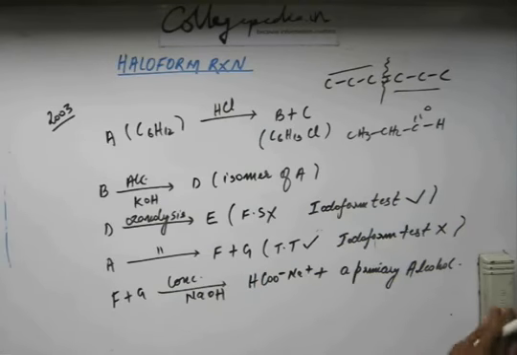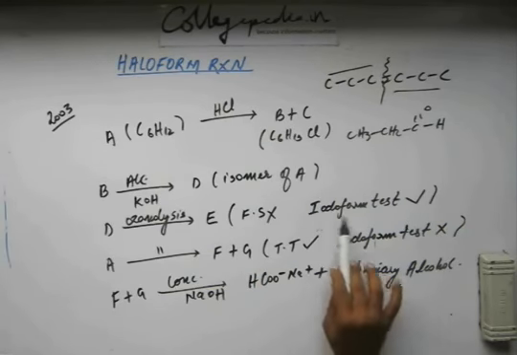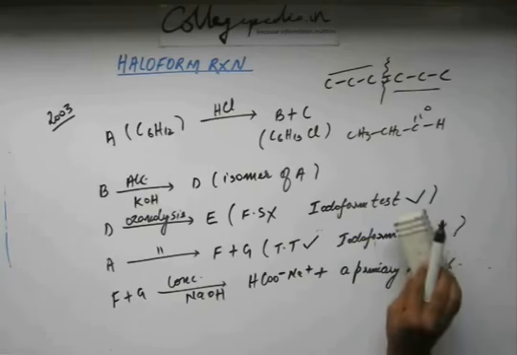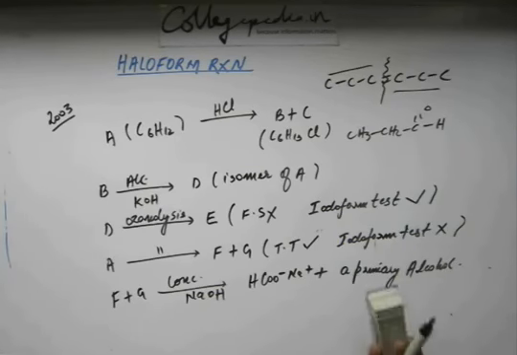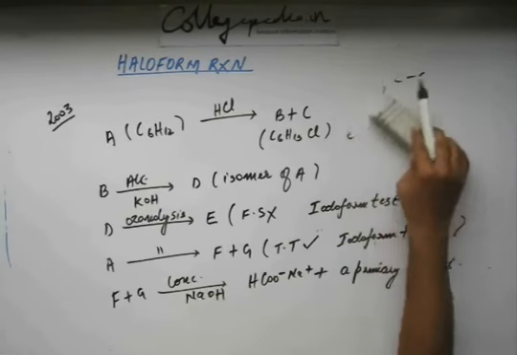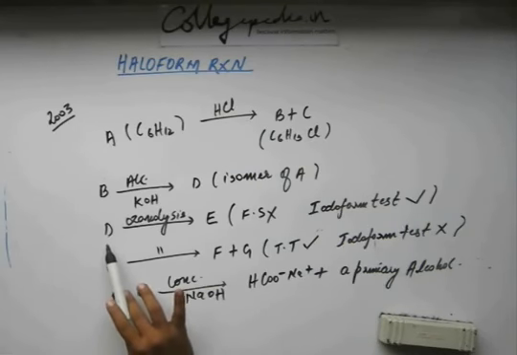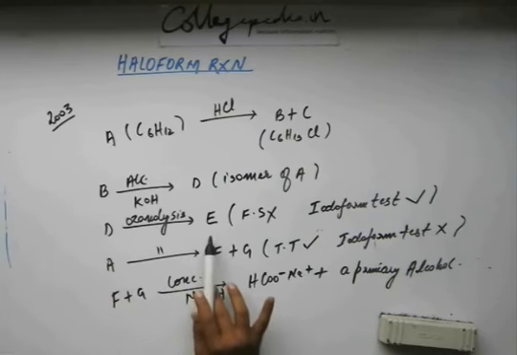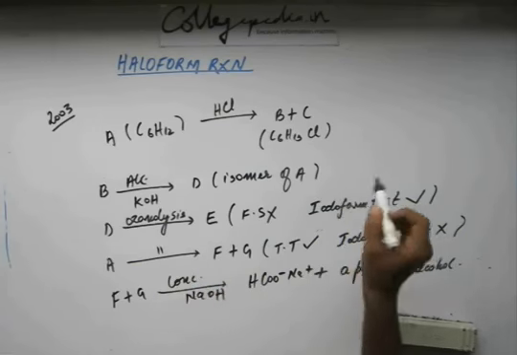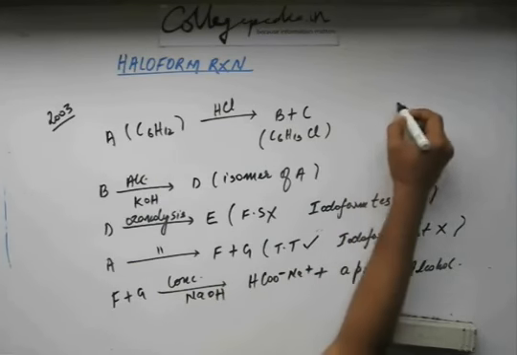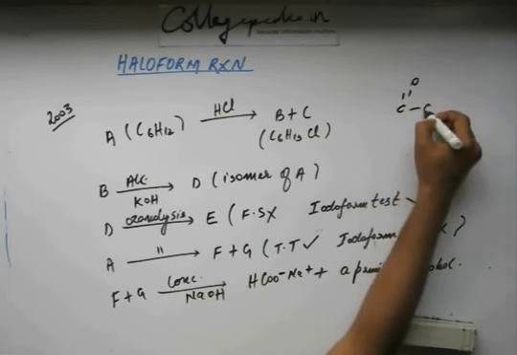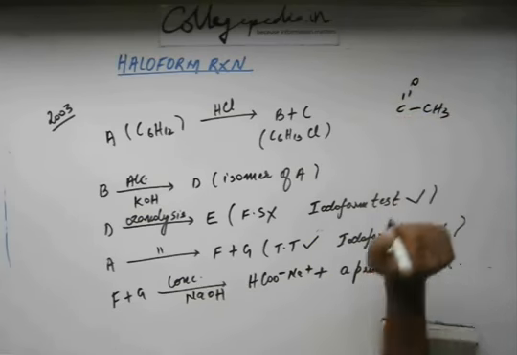So think of another structure, keeping in mind that the iodoform test is given by compound E. So E gives the iodoform test. Now D has 6 carbons, so E must have 3 carbons after ozonolysis. Iodoform test is given by compounds having this group.